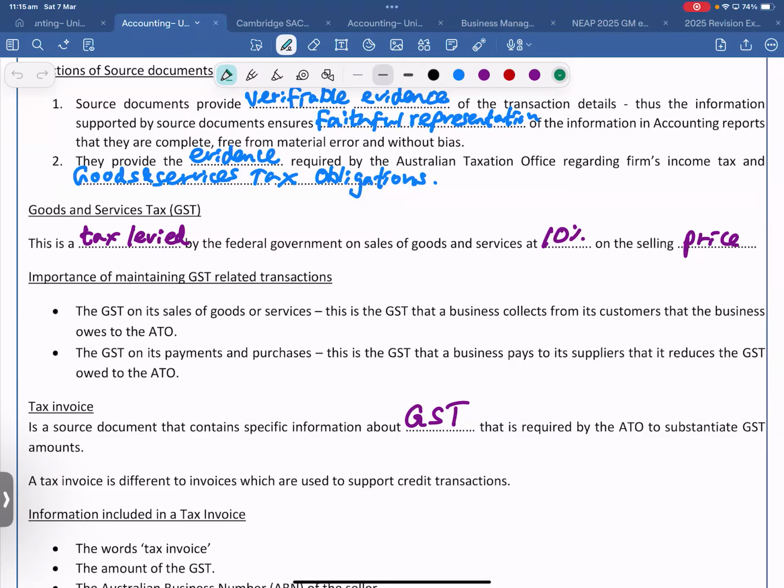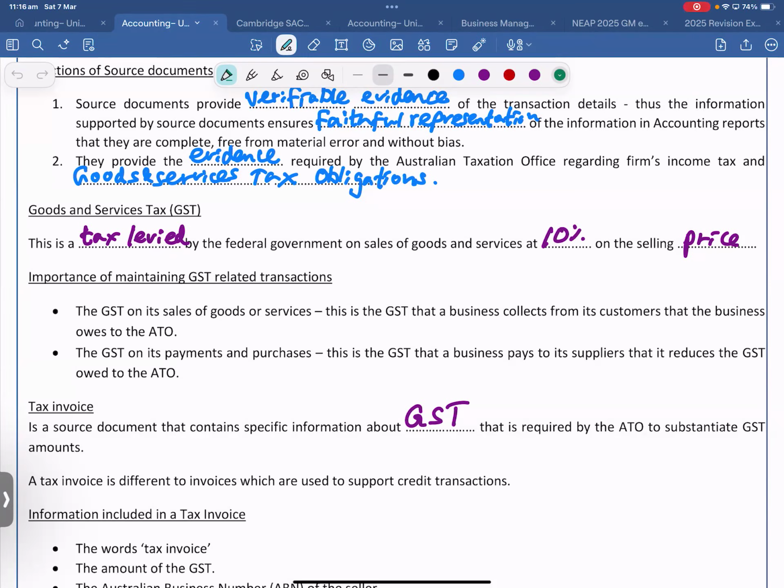The GST we pay to our suppliers, can they keep it? No, they also have to forward that to the ATO. Eventually, what we paid for the GST will reach the ATO one day. How much net amount do we owe now?